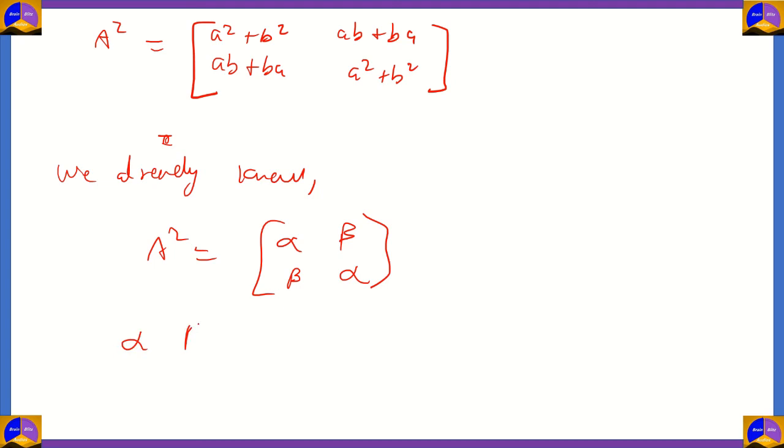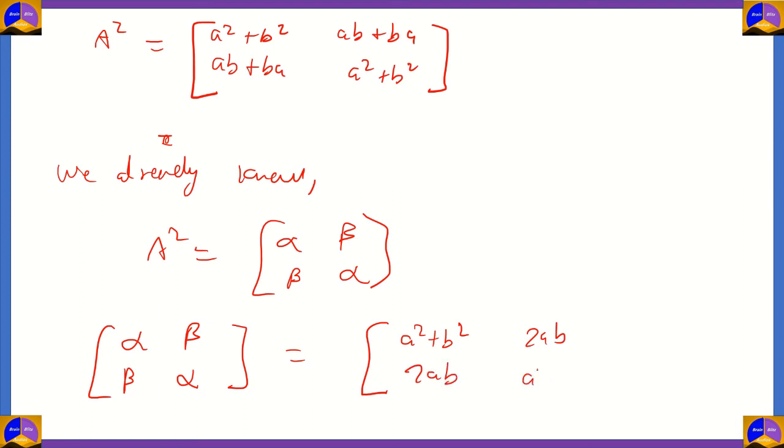So therefore alpha, beta, beta, alpha is now equal to the matrix A square plus B square, 2AB, 2AB, A square plus B square. So for the element alpha, the coinciding element is A square plus B square, and for beta, the coinciding element is 2AB.